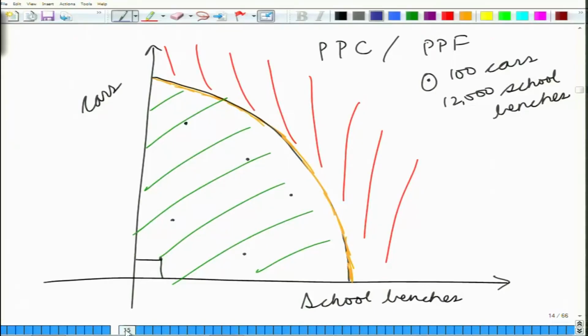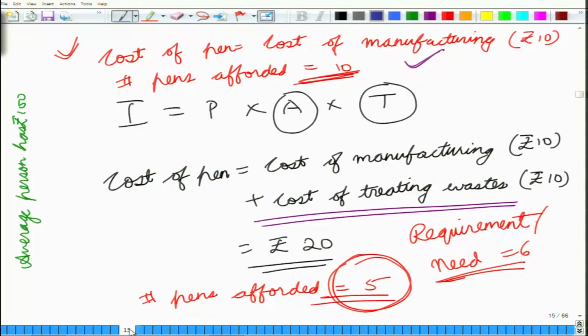Which means that, when we were talking about the example of the pen, the company manufacturing a pen worth 10 rupees and releasing the effluent into the environment, or the company making a pen worth 20 rupees because it is putting 10 rupees into cleanup operations, they are one and the same.